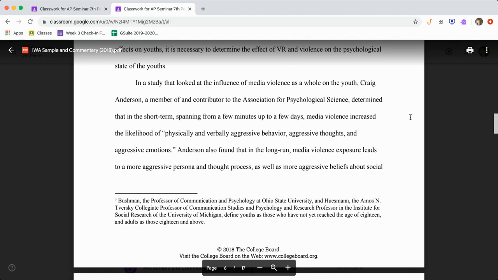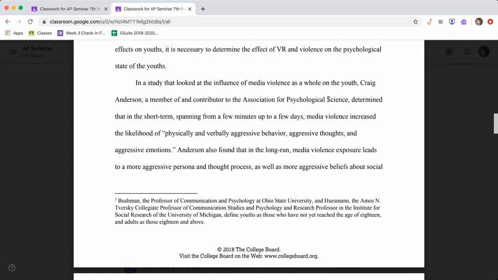One way that this author scored high points for row 5 by weaving in credibility and relevance is to say things like, when they introduce this piece of text evidence, they preface it by saying Craig Anderson, a member and contributor of the Association for Psychological Science. And you all have been doing that throughout this.